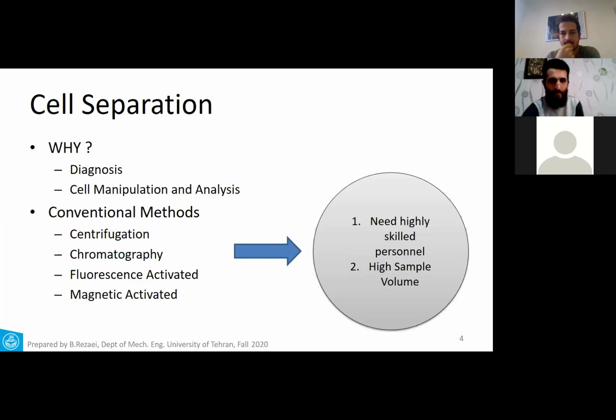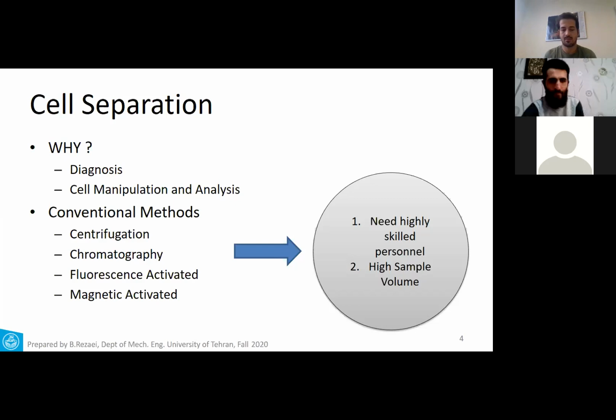When metastasis happens for a cancer patient, there are some cells called circulating tumor cells, and they go through the blood to distant sites of the body. So the first application of cell separation is diagnosis. If we can test a patient's blood and find circulating tumor cells, CTCs, we can be sure that metastasis has happened. And it is important to know at the right time when metastasis happens.